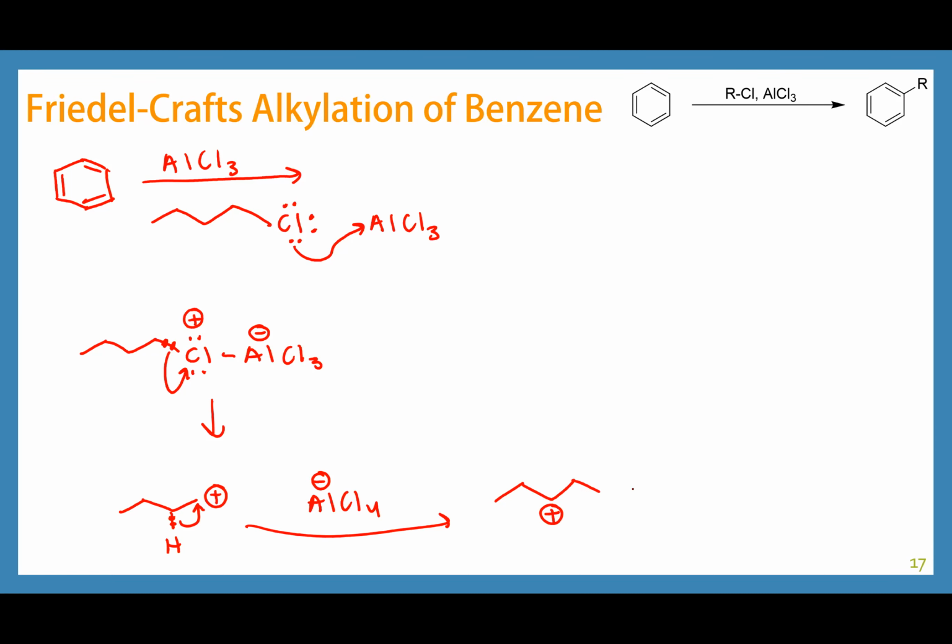So the reason that this is important is that this is actually the electrophile that benzene is going to attack. So instead of adding on a straight chain, like you might think you would, looking at your original structure here, you're going to end up with this product.